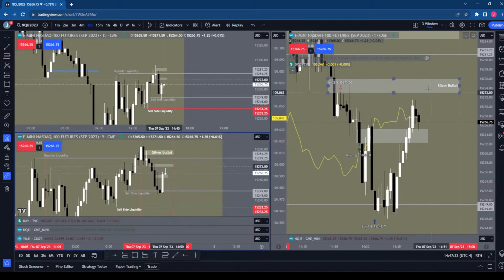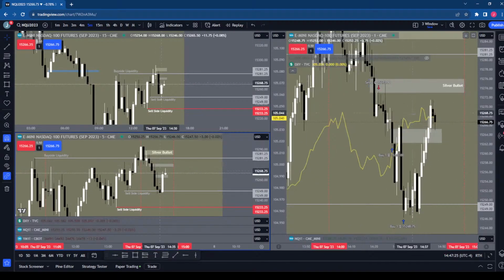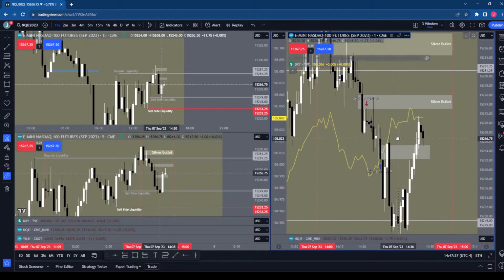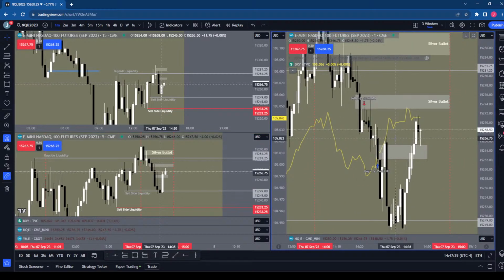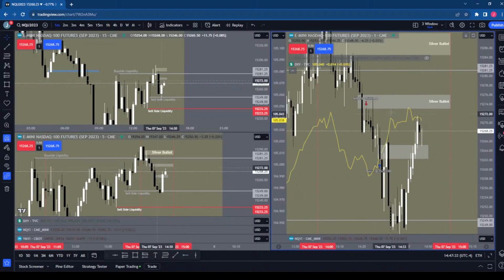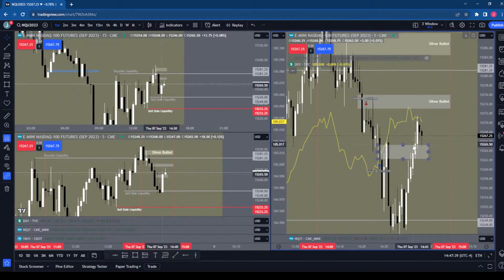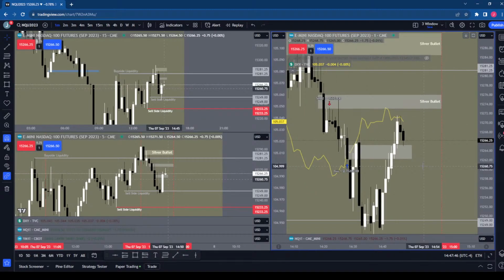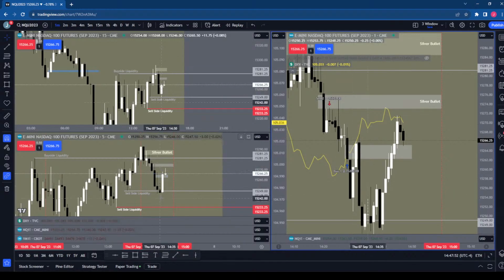Unless we get a close above this silver bullet fair value gap, I wouldn't be too confident about higher prices. I'd want to see the dollar drop too. If the dollar took liquidity above here and starts going lower, that'll make us go higher, but on the 5-minute structure, this could just be a lower high.